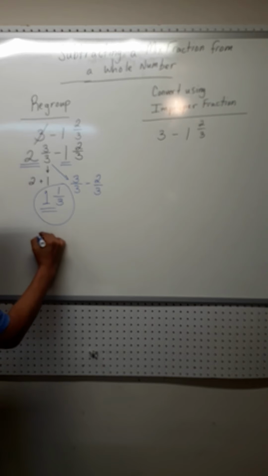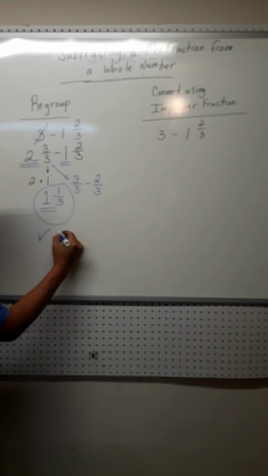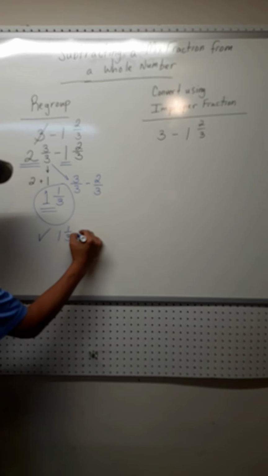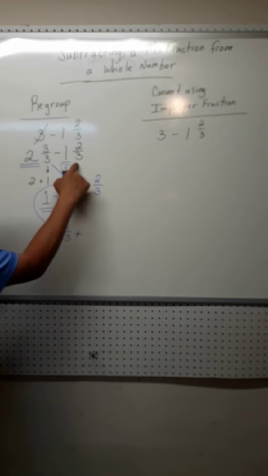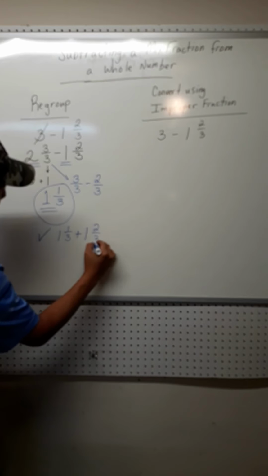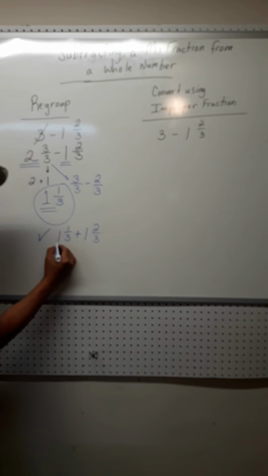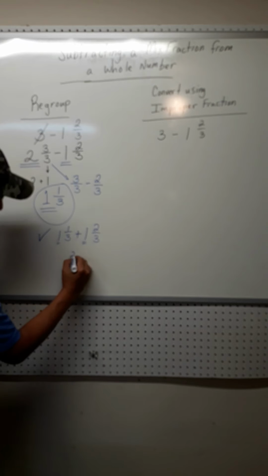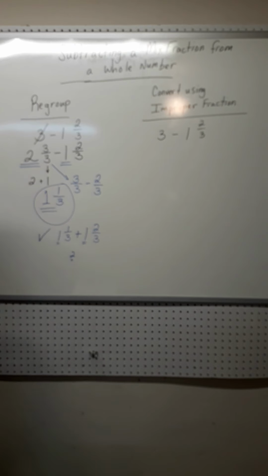And you can check this by saying 1 and 1/3, my answer, plus what I subtracted, which was 1 and 2/3. Well, whole numbers being added together, 1 plus 1 is 2. And I'll underline it so you see where I came from.